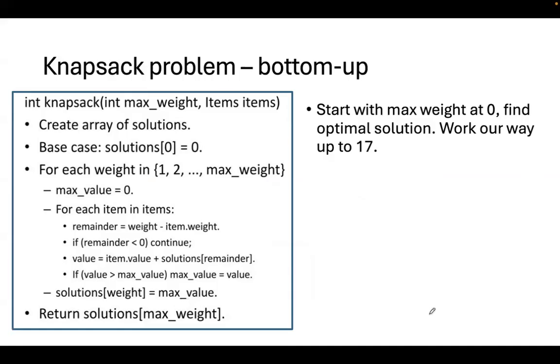So this is a bottom-up solution for the knapsack problem, where we have some input for the max weight, and we have some list of items. For the tabulation approach, we create our solution array, and then we start with a base case.